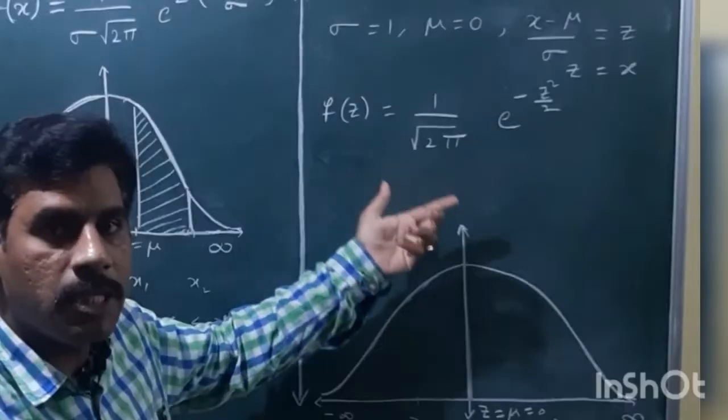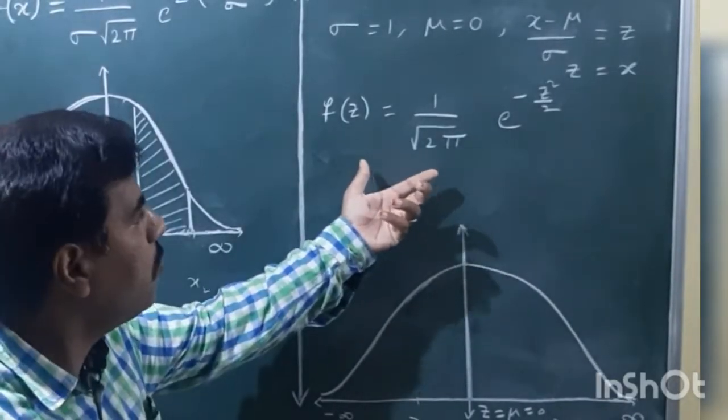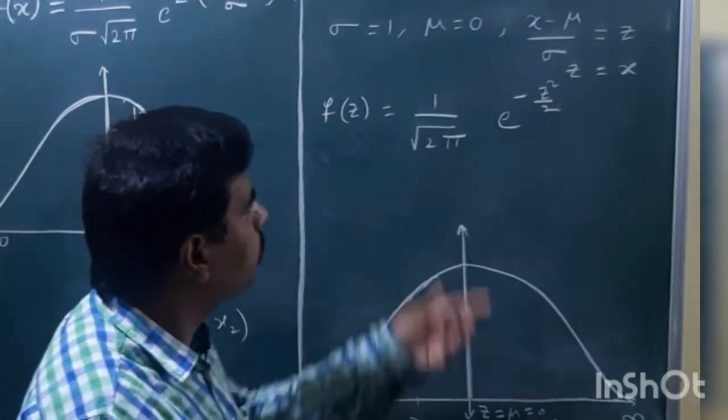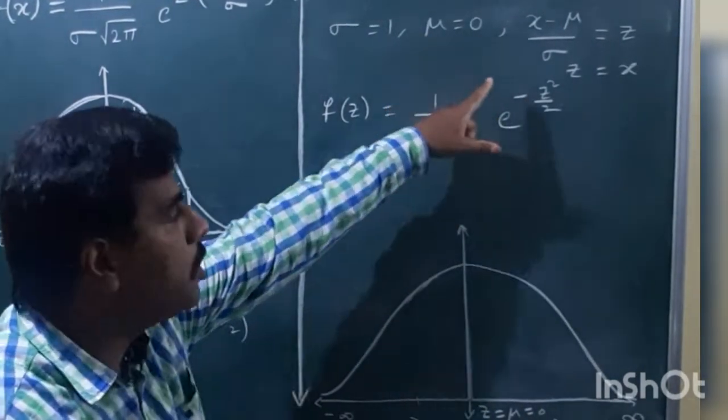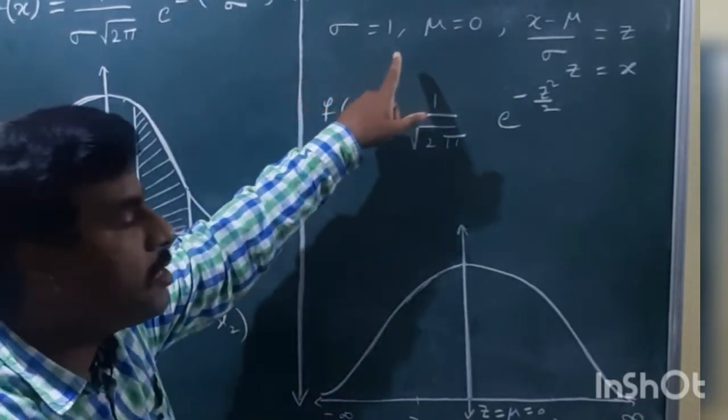Therefore this is the new probability distribution function. Here the mean is 0 and the standard deviation is 1.